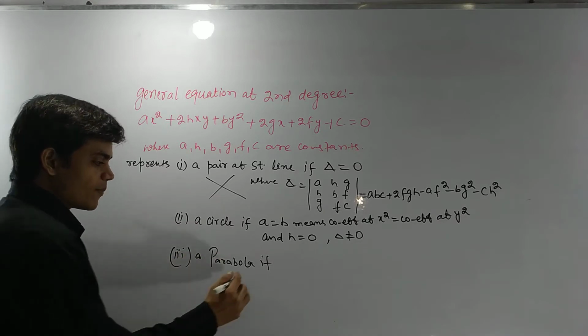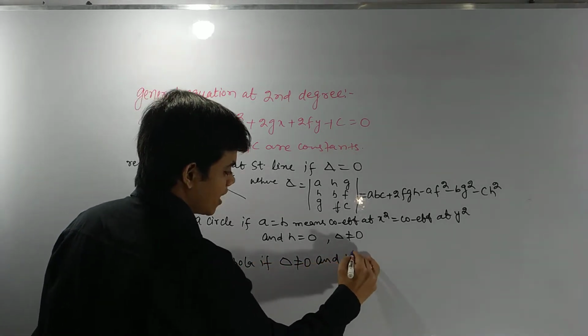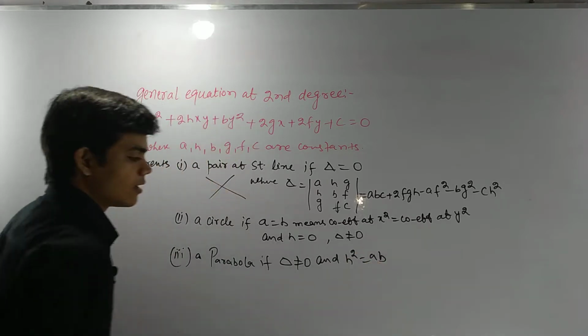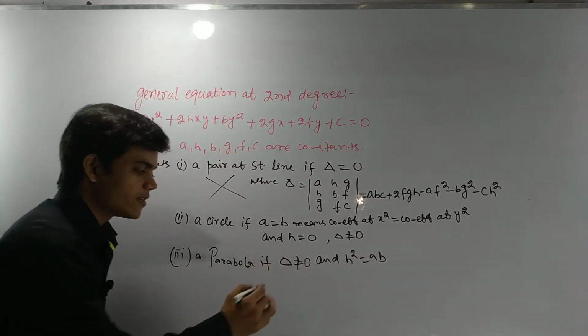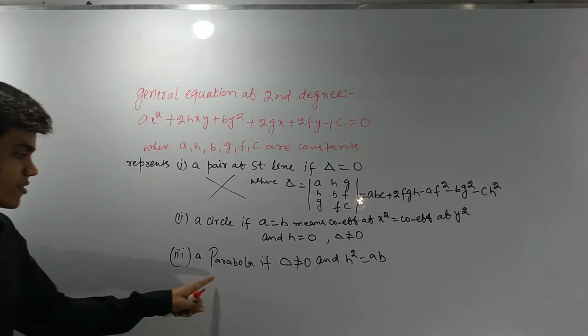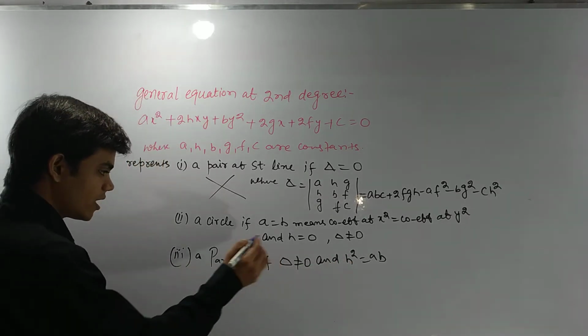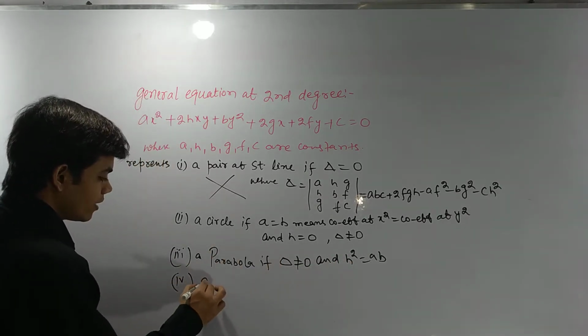And it represents a parabola if delta is not equal to 0 and h square is equal to ab. Okay, this is the condition. If delta is not equal to 0, this is not going to be a pair of straight lines.